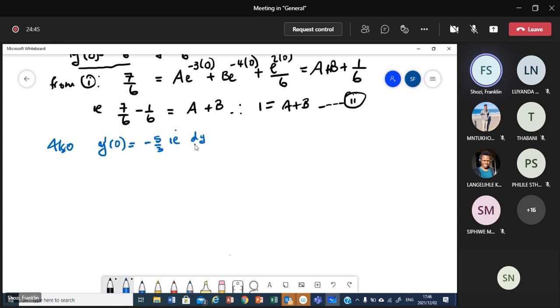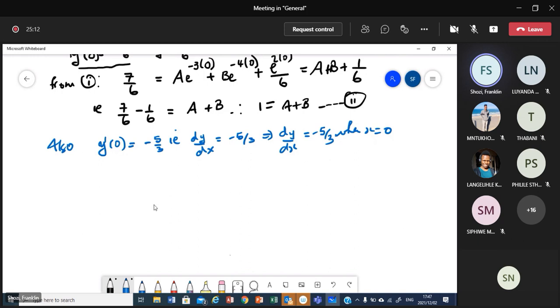This means dy over dx is equal to minus 5 over 3 when x is 0.